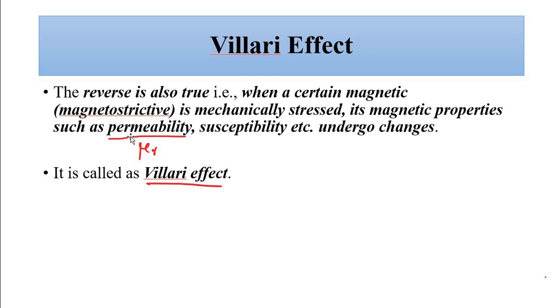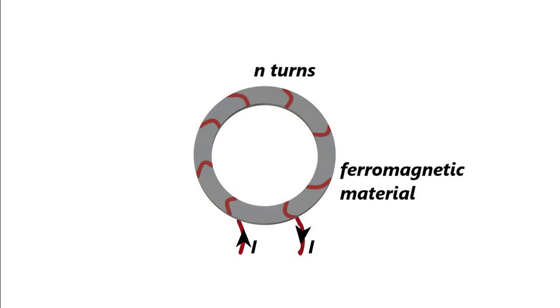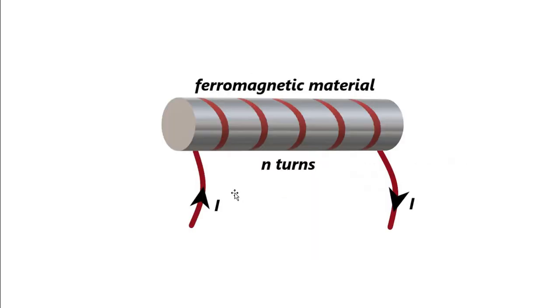Now, with respect to the design consideration, the basic design of any magnetostrictive sensor is in the form of a solenoid or toroid, which is a ferromagnetic material with a number of turns of wire wound over it, with current supplied, generally constant current, and a fixed number of turns.